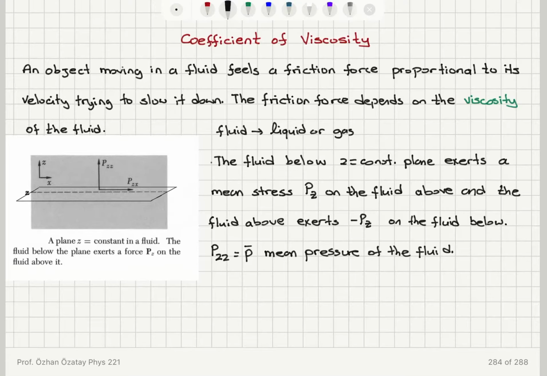And there is also a stress that is tangential to the z is equal to constant plane, that is called Pzx, or denoted by Pzx here.